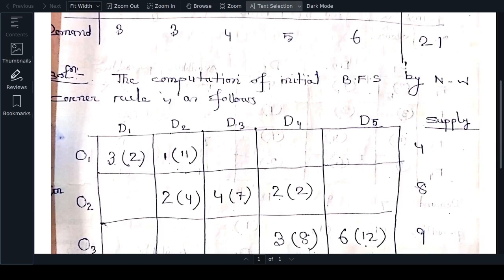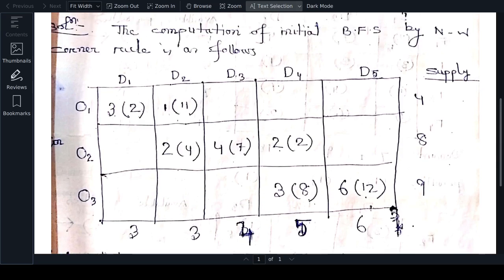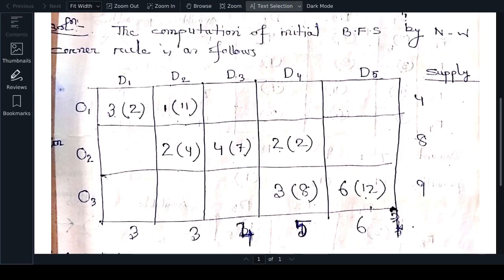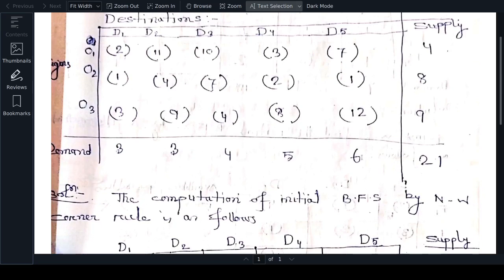On the right hand side, the supply remaining is 1 and the demand in the second column is 3. So between 1 and 3, we can allocate 1. We give 1 allocation in cell 1 2, first row, second column.